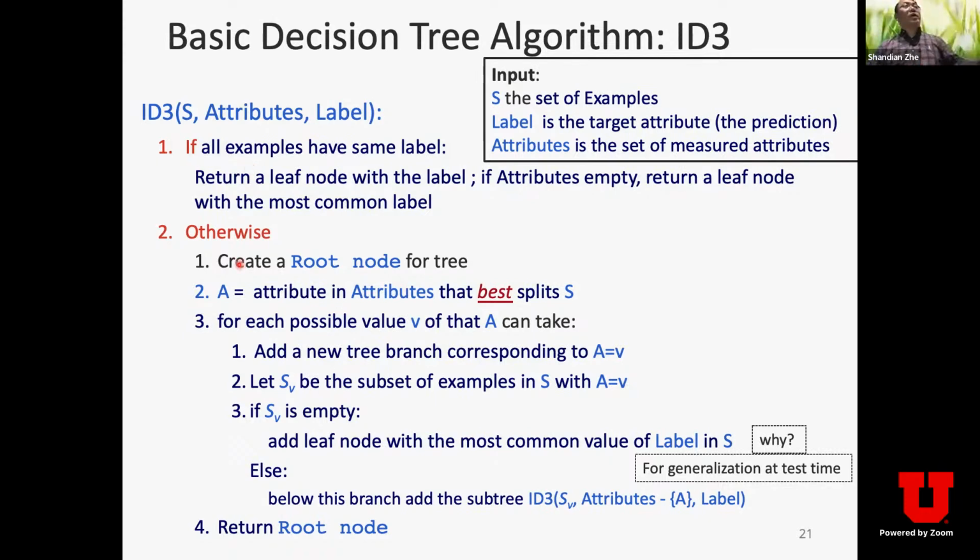Otherwise, we create a root node for the subtree, pick the best attribute from the current available attributes and split, then look at each split subset and call ID3 again, until all the subsets match the stopping criterion with leaf nodes.